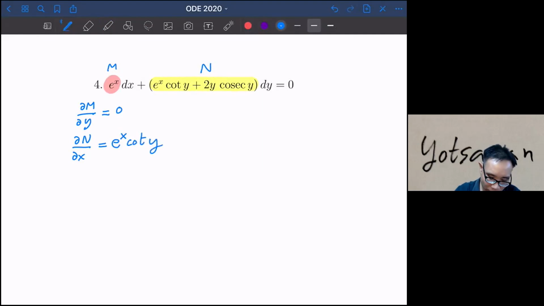This is your first step, and they are not identical, so it's not exact.